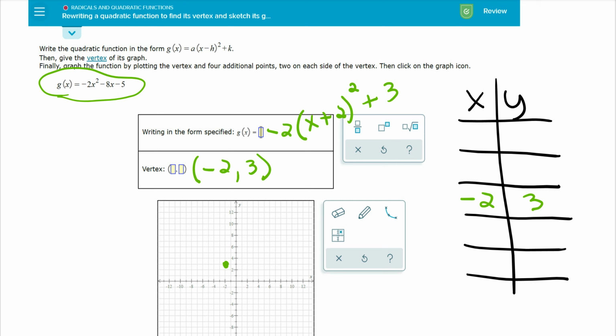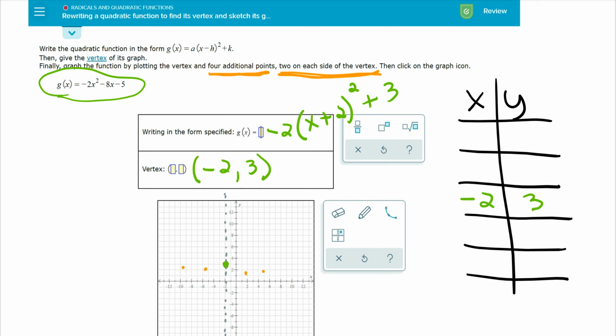Which means my axis of symmetry, I'm going to do a dotted line right here. The axis of symmetry goes right through the vertex, and if you were to fold the parabola along the vertex, you'd have a perfect mirror image on each side.